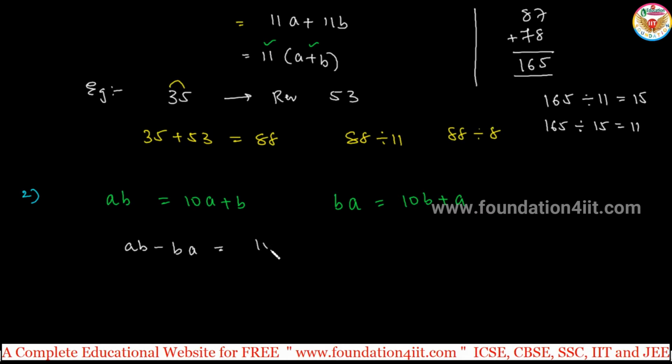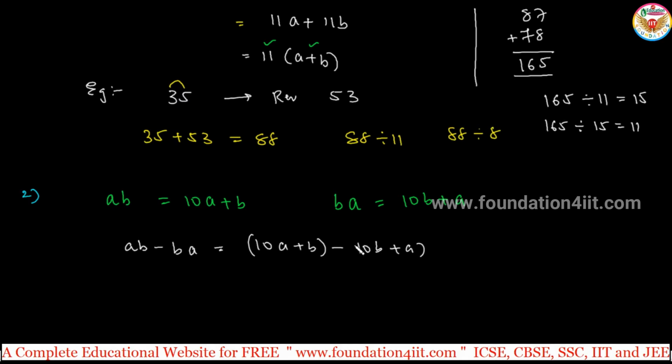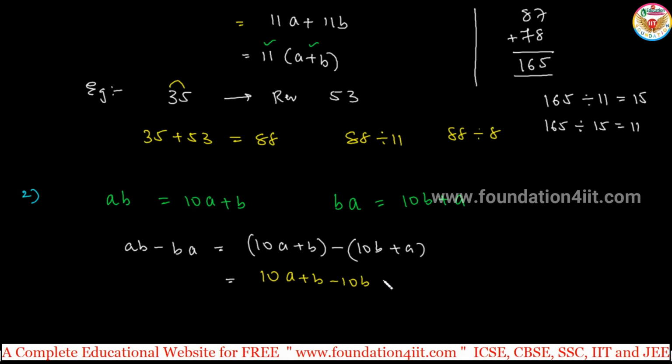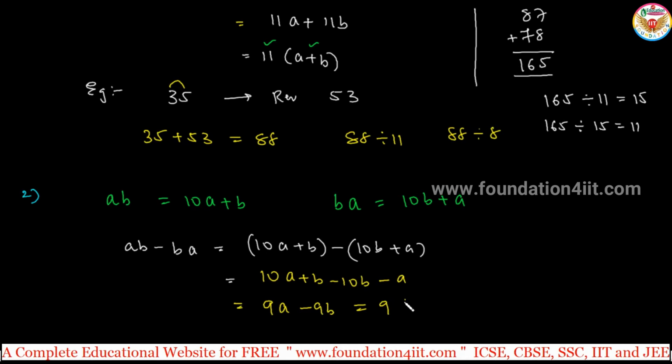That means 10A plus B minus 10B plus A, the second one. So next step, 10A plus B, minus into 10B is minus 10B, minus into plus A is minus A. By subtracting this, 10A minus A is 9A, plus B minus 10B is minus 9B. Take 9 common, then A minus B.